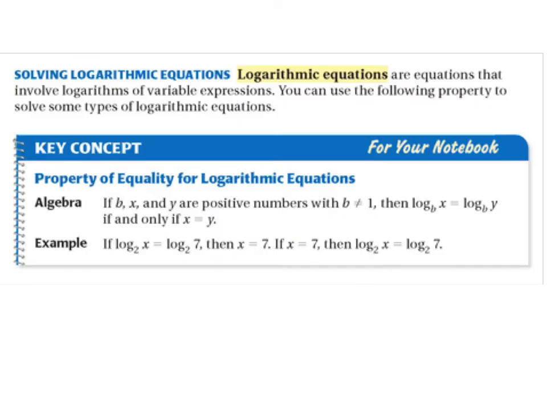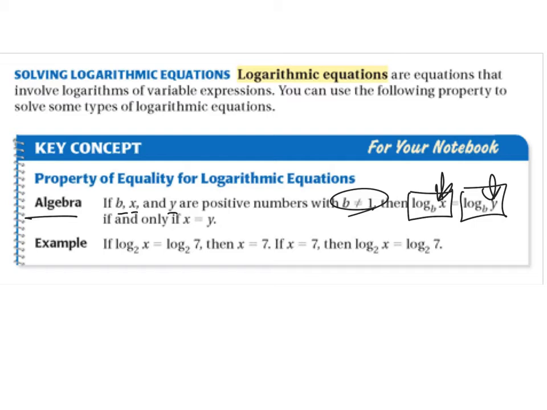All right, moving on. Solving logarithmic equations. Logarithmic equations are equations that involve logarithms of variable expressions. You can use the following property to solve some types of logarithmic equations. So here we have algebra. If b, x, and y are positive numbers where b can't be 1, then log base b of x equals log base b of y if and only if x equals y.